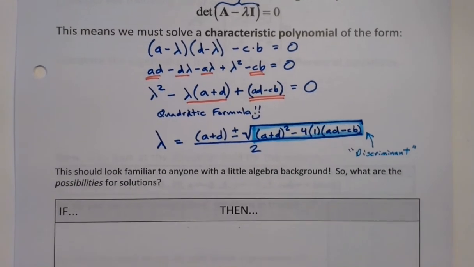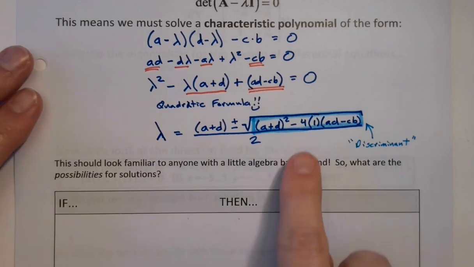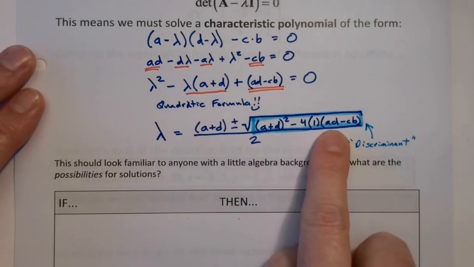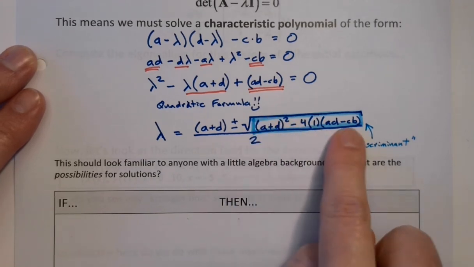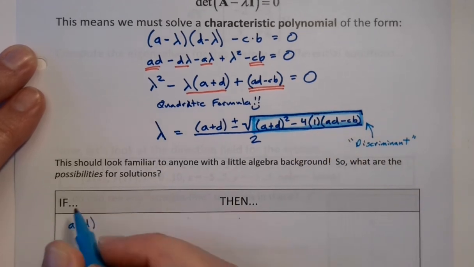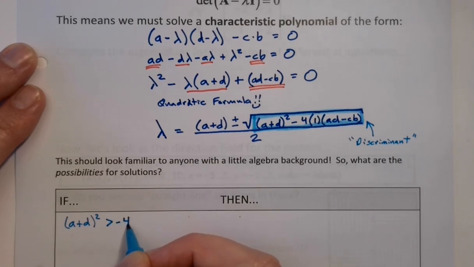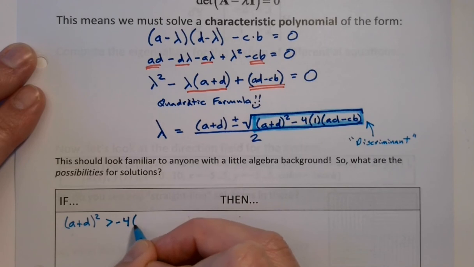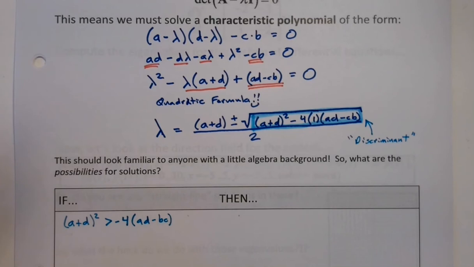So down here, we're going to make a little box, a little rule set for what happens to our discriminant. Literally, if this thing is ever greater than 0, or another way of saying it is if this thing right here is bigger than all this stuff over here, so if a plus d squared is greater than 4 times ad minus bc, then we know something is going to happen.